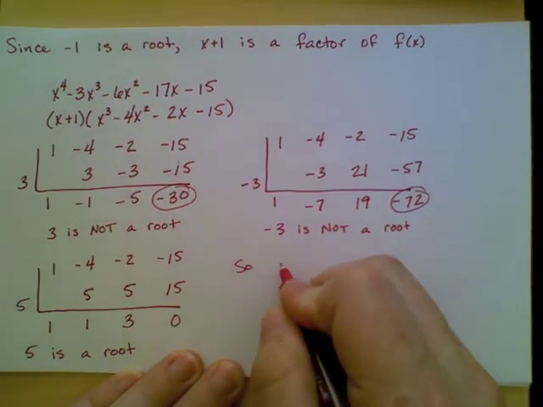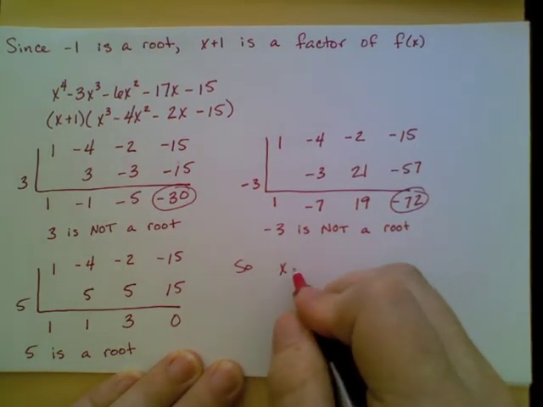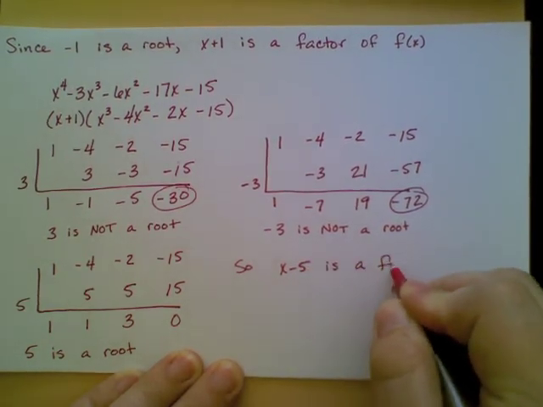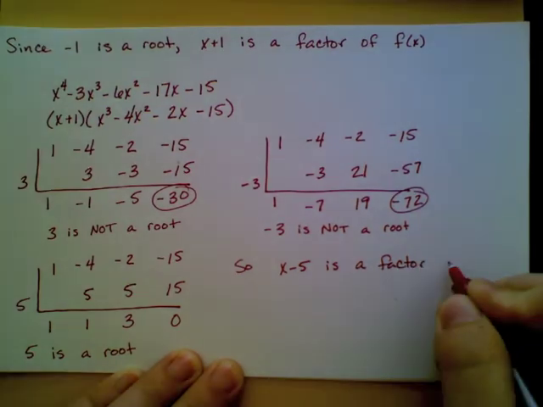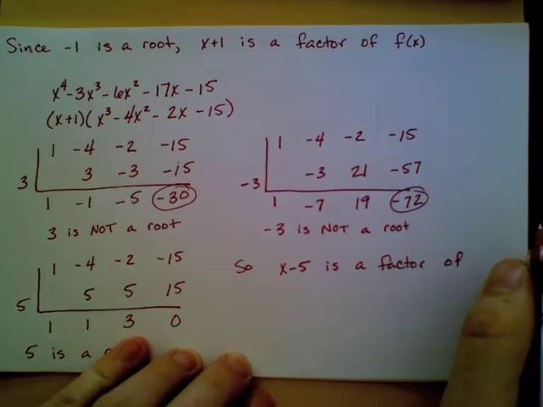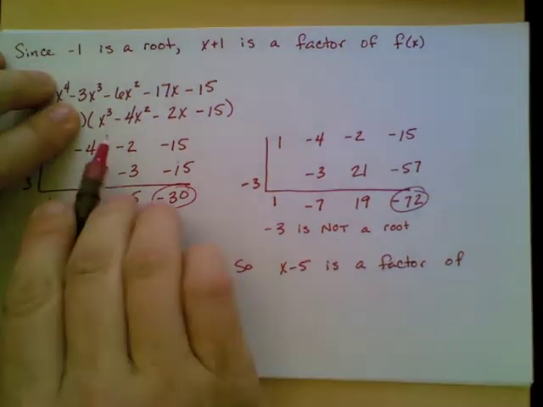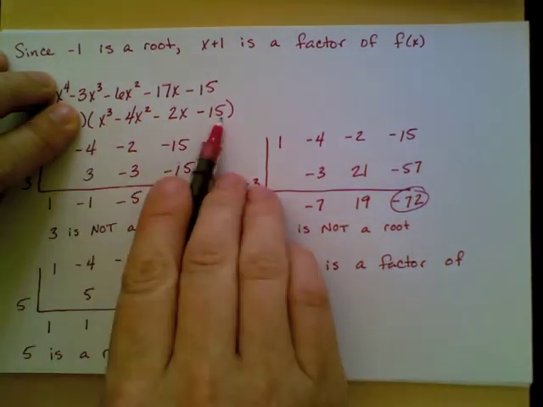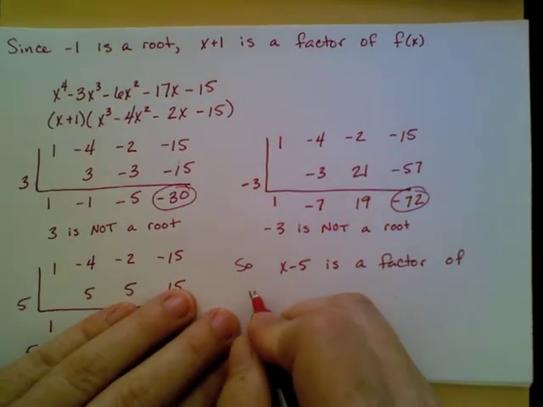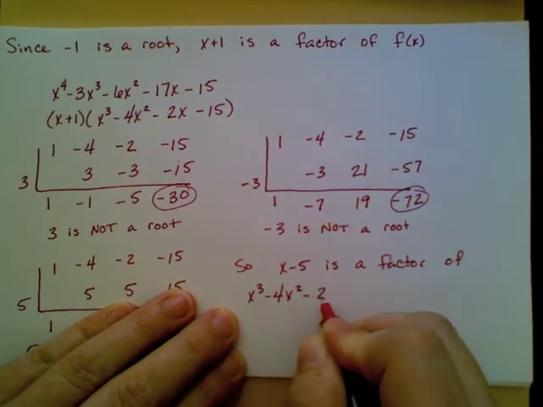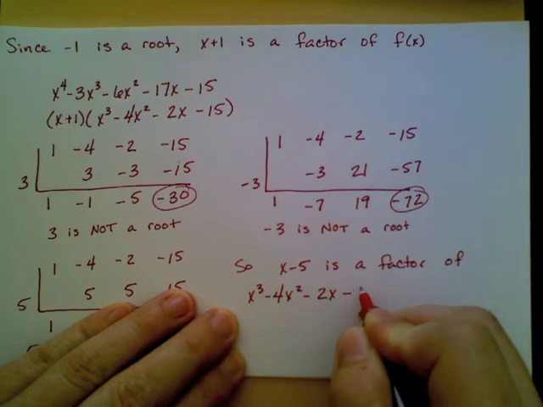So x minus 5 is a factor of, remember we were using this polynomial, so it's a factor of x cubed minus 4x squared minus 2x minus 15.